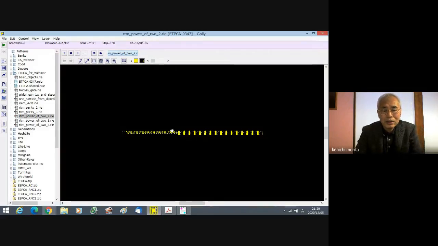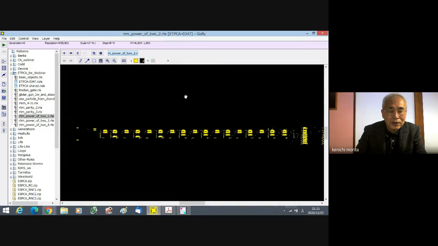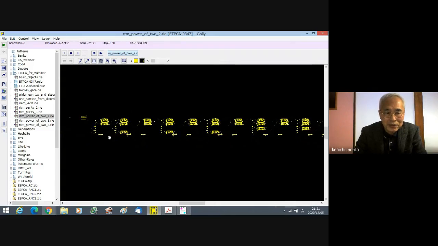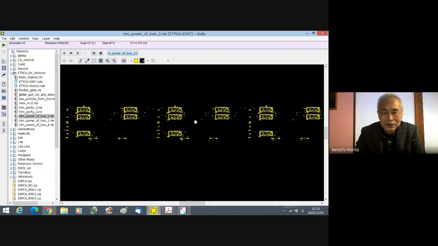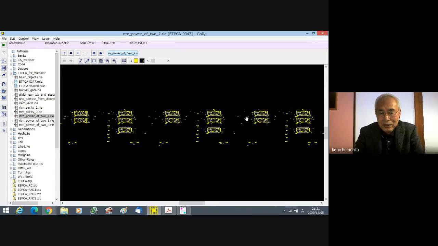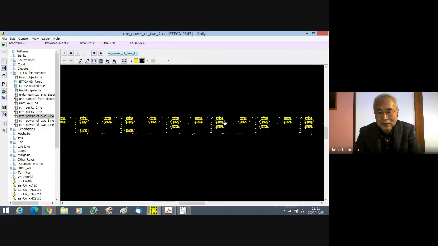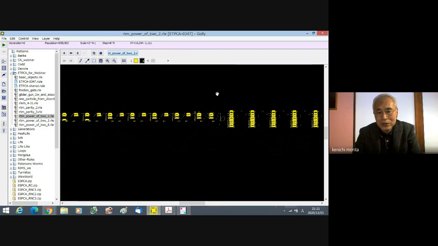Here we simulate not T parity, T power. Power of 2 is checking power of 2. This Turing machine checks if the input is a power of 2.